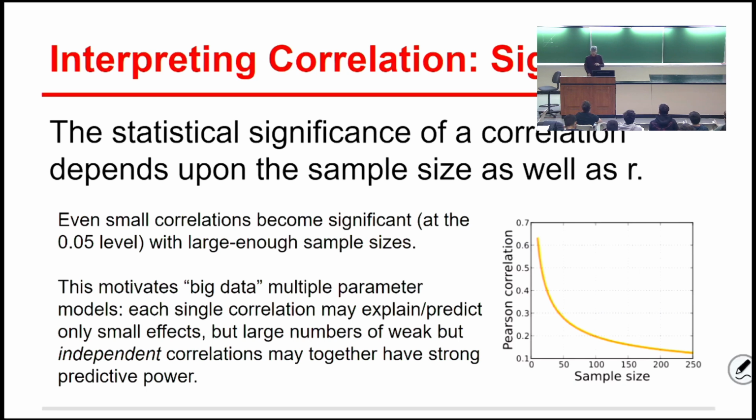Let's actually do a little experiment. Suppose I give you 10 points, 1, 2, 3, up to 10. And I give you a random permutation of the y values. What is the chance that there is going to be a perfect correlation?